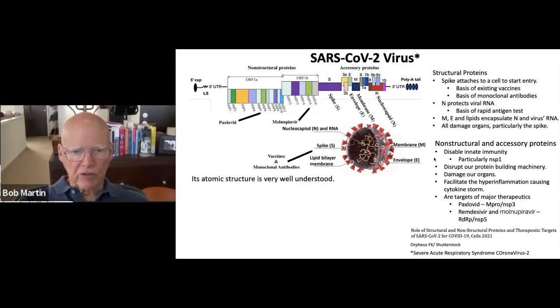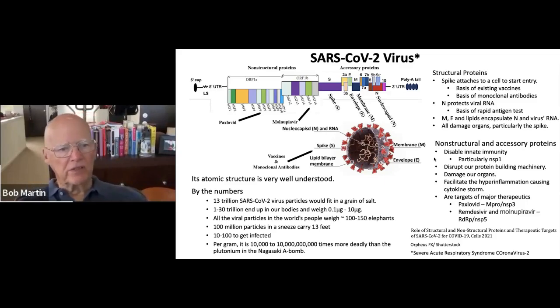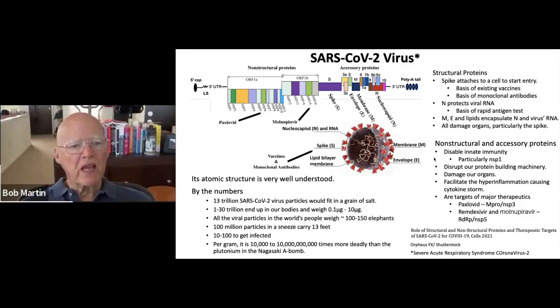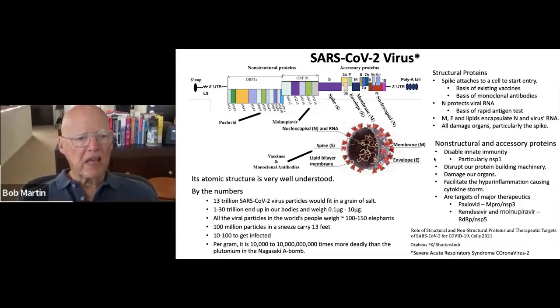The atomic structure is astoundingly well understood. Look at the numbers. It's really small, 13 trillion would fit in a grain of salt. 1 to 30 trillion end up in our bodies. So about 2 to 3 grains of salt.